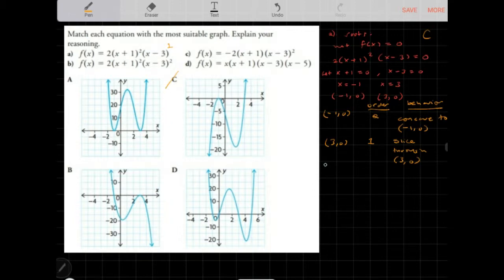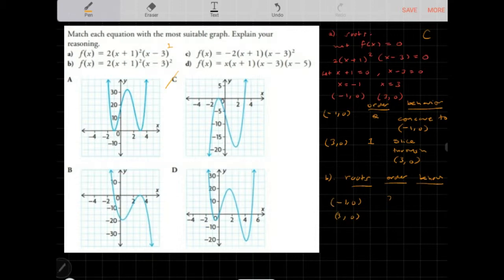All right, let's take a look at part B here. Right, you do the same technique. So the roots, order, behavior. Okay, so the roots here for part B are negative 1, 0 as well, and 3, 0.